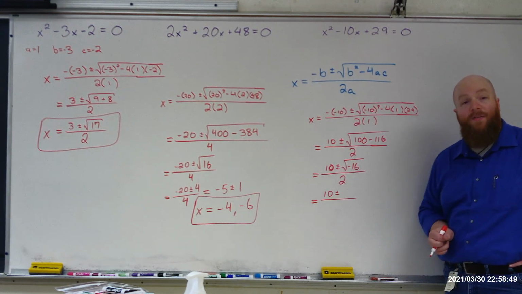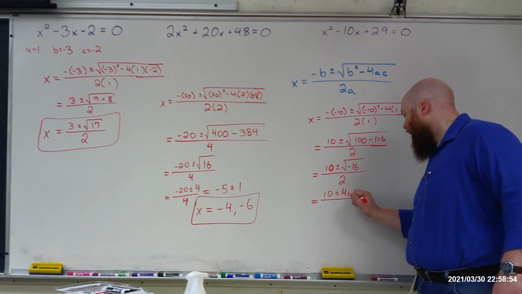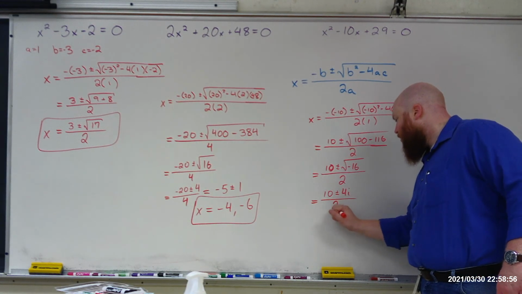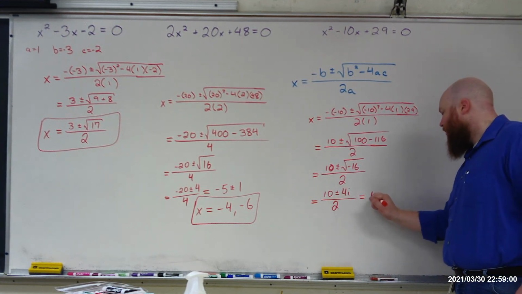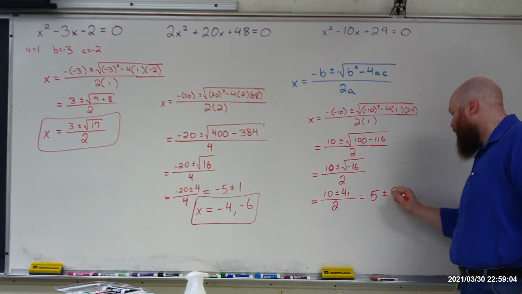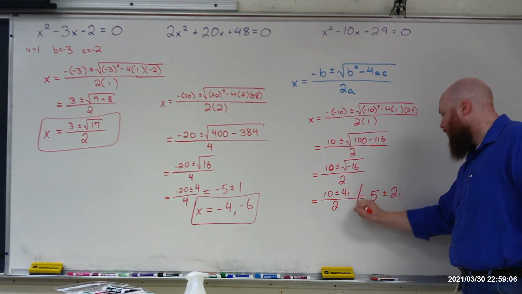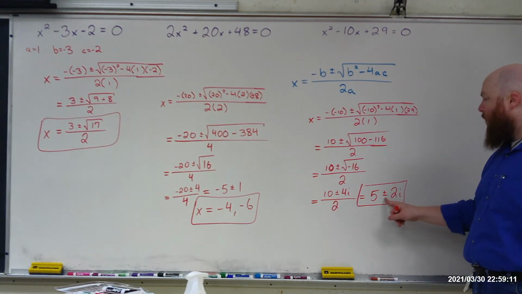Keep in mind, square root of a negative is imaginary. So that comes out to plus or minus 4i all over 2, which simplifies down to 10 over 2 is 5 plus or minus 4i over 2 is 2i. Again, two solutions, one where we added, one where we subtracted.